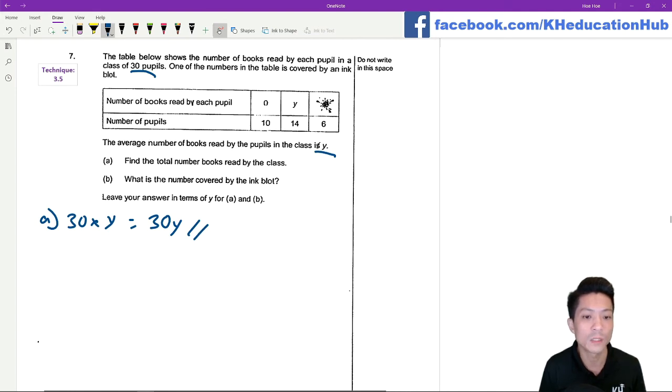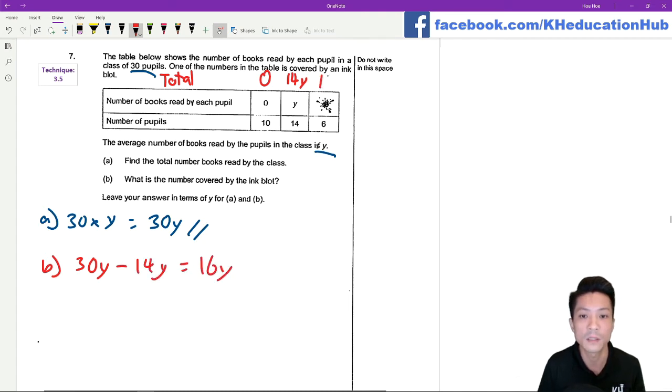For part B, what is the number covered by the ink blot? We're gonna add in a column over here that finds the total. Number of books read by each pupil, if it is 0, this is gonna be a 0. This is gonna be a 14Y because it's 14 times Y. Now, how do we find this? Using 30Y, if we minus 14Y, we're gonna get 16Y.